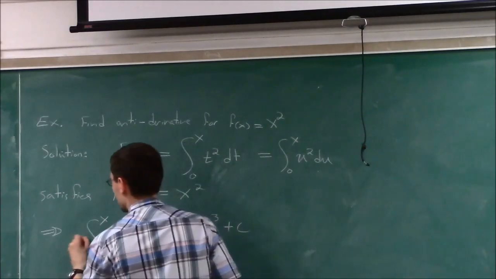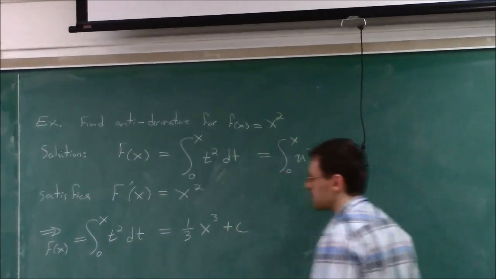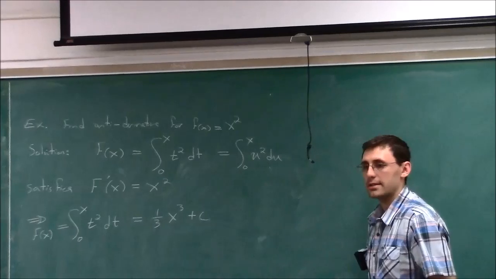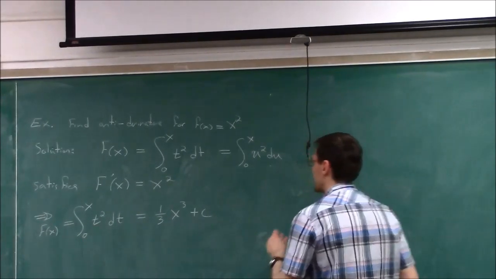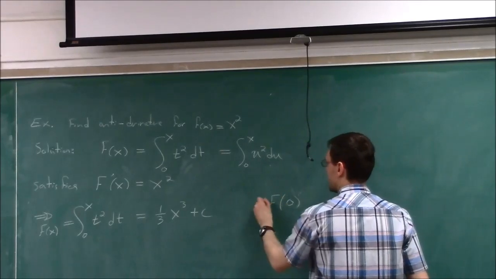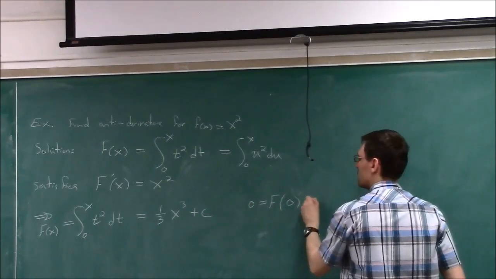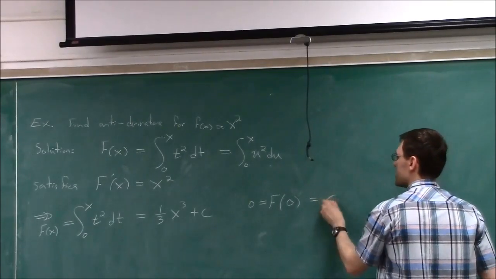So this function, although it has this complicated expression, in fact must be 1/3 x cubed plus c. What particular value? Well, if I plug in this lower bound 0, F of 0 is 0, that would be c.